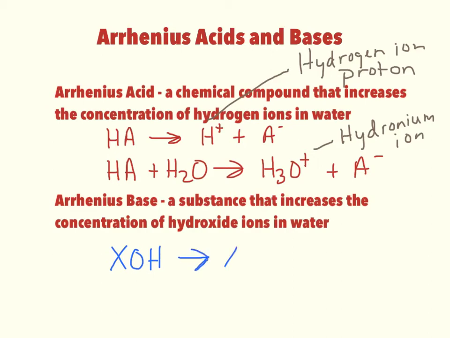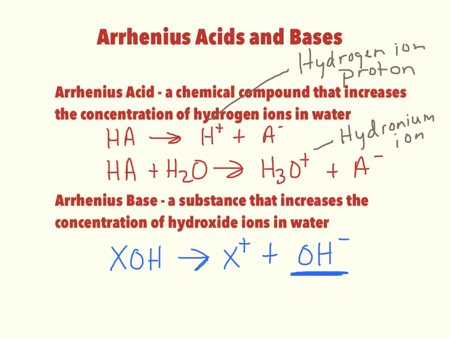And it's going to dissociate also. It's going to make the metal ion, that's the cation, and hydroxide ions, OH minus. These are your hydroxide ions. And so when you put these in water, you're increasing the amount of hydroxide ions, and that's what makes it a base according to Arrhenius.